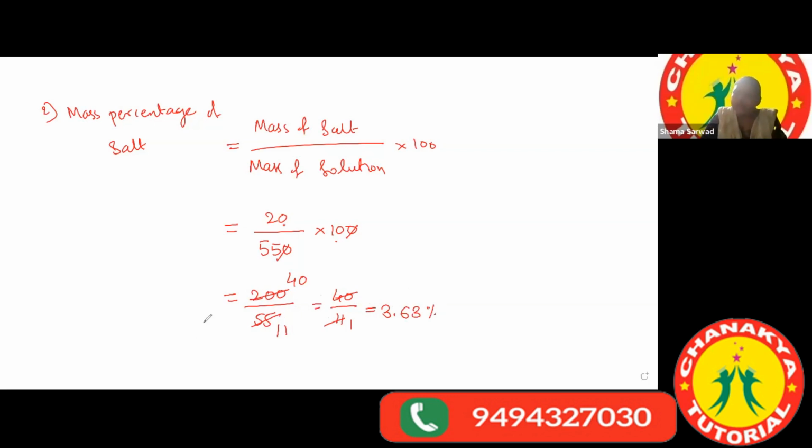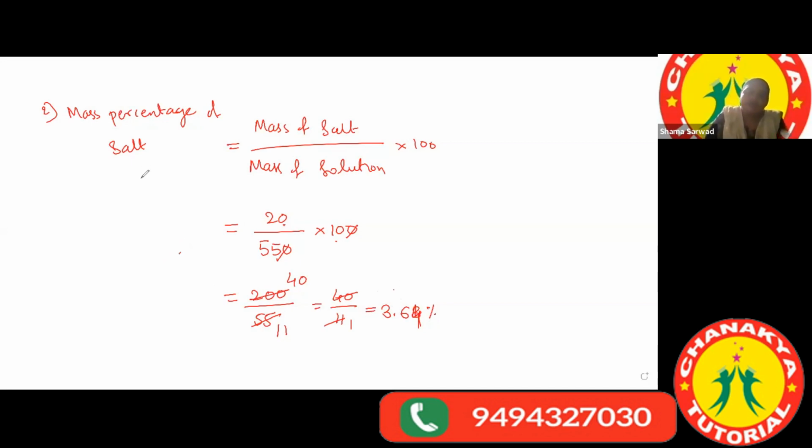And if you go further, you can round it up, if the value is more than 5 after this. So I think it becomes 3.64 instead of 3.63. Correct? This would be your part of calculation.